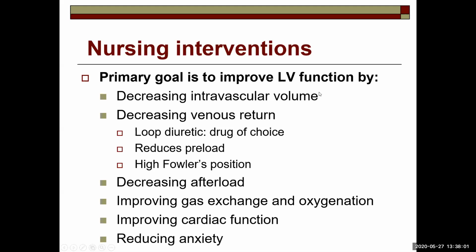You need to improve the left ventricular function by probably reducing the backflow if it's right heart failure, and increasing the strength of the left ventricle in order for it to pump blood. Sometimes you have to put them in Fowler positions so they can breathe better. Decrease the afterload. In general, diuretics can cause this.